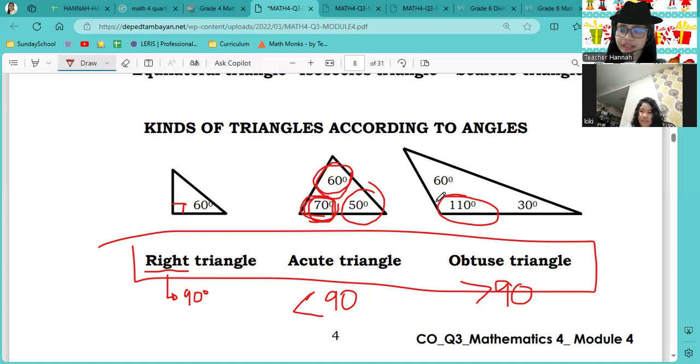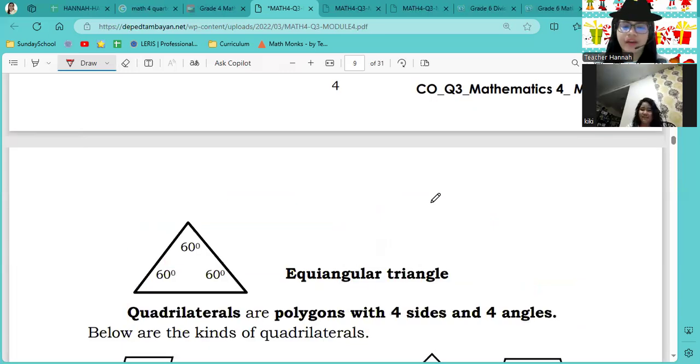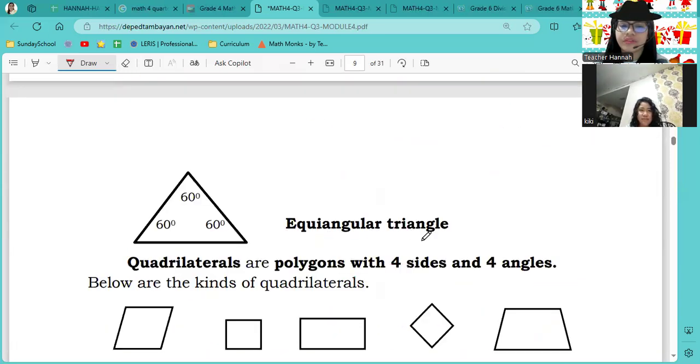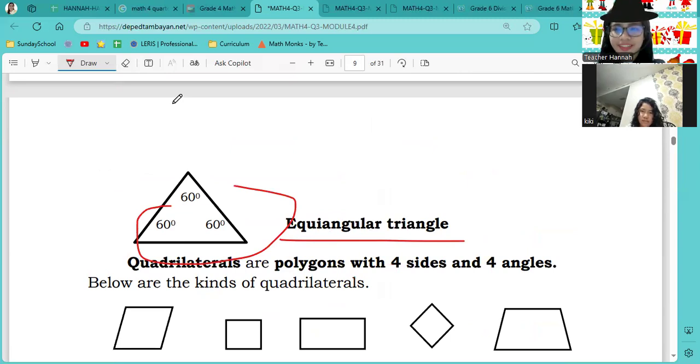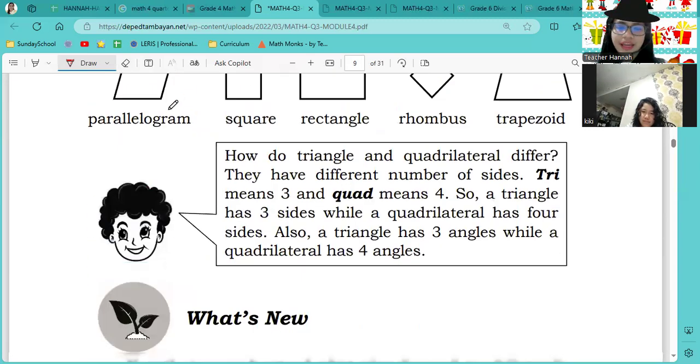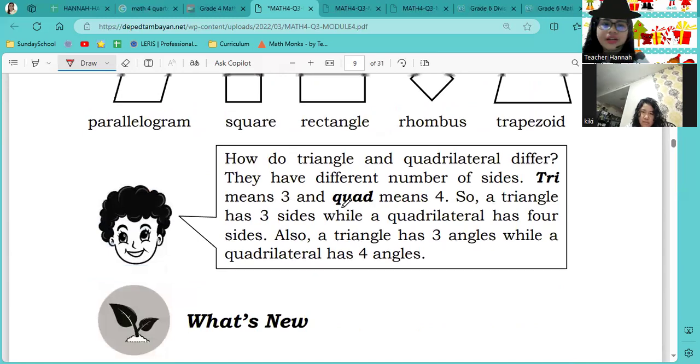Did you understand? Yes. And then you have the equiangular triangle. When we say equiangular triangle, all angles are equal. Okay?